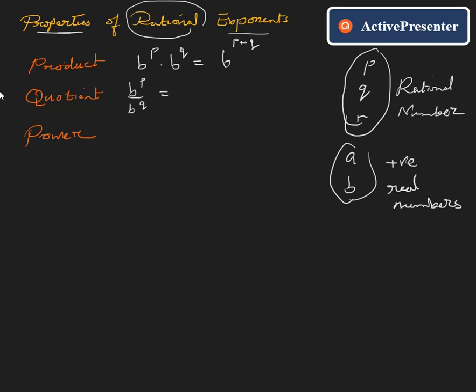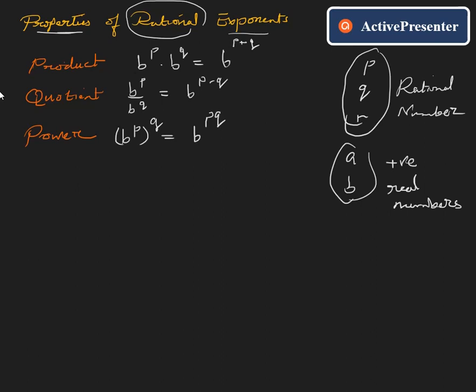This is equal to b to the power p minus q. Also, if we say b to the power p all to the power q, we will multiply q into p, so we will have the same base with p multiplied in q.